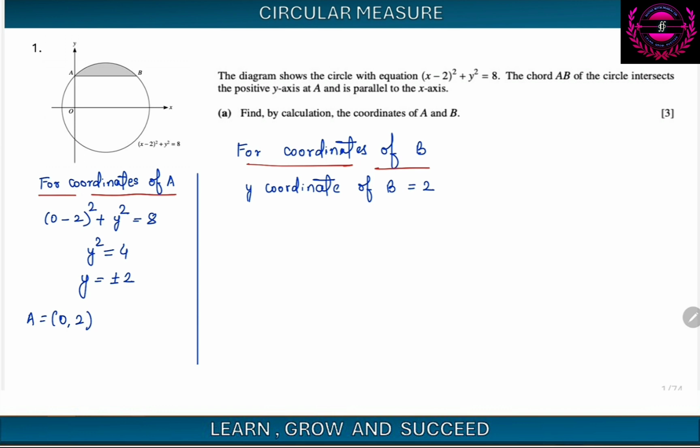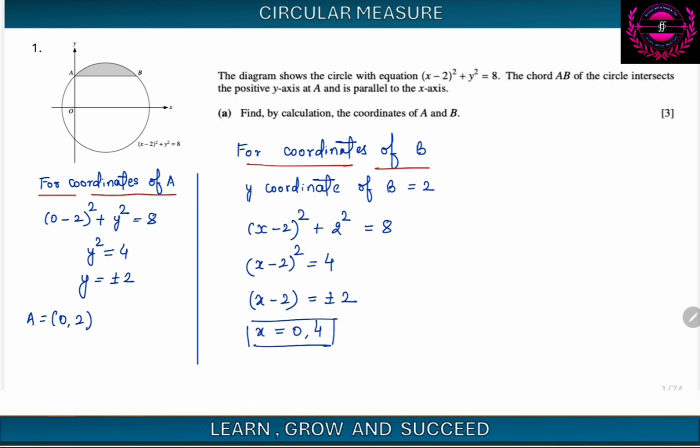Substituting y equals 2 in the equation of the circle, I have (x minus 2) whole square plus 2 square equals 8. So (x minus 2) square equals 8 minus 4, which is 4. x minus 2 equals plus minus 2. So therefore x equals 0 or x equals 2 plus 2, 4.